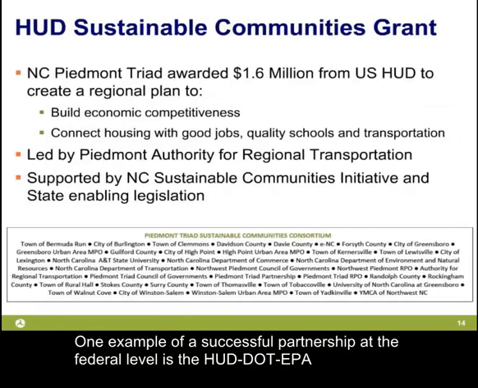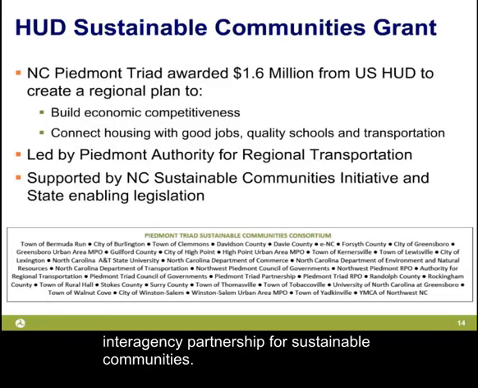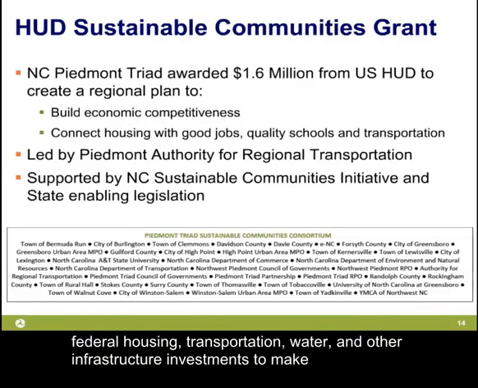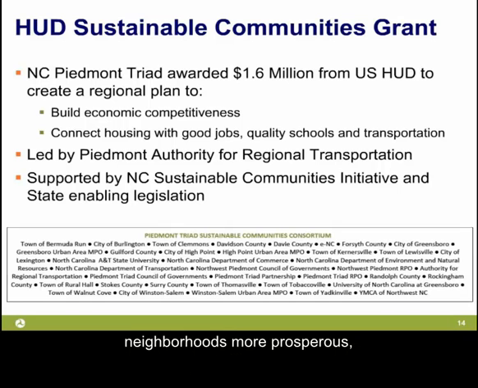One example of a successful partnership at the federal level is the HUD-DOT EPA Interagency Partnership for Sustainable Communities. Formed in 2009, the Partnership for Sustainable Communities works to coordinate federal housing, transportation, water, and other infrastructure investments to make neighborhoods more prosperous, allow people to live closer to jobs, save household time and money, and reduce pollution.